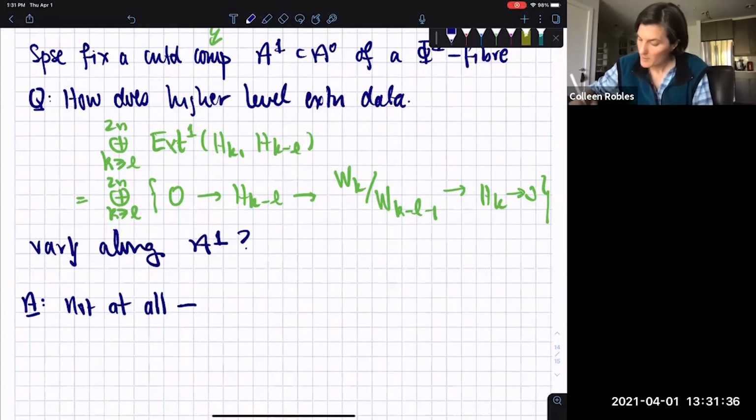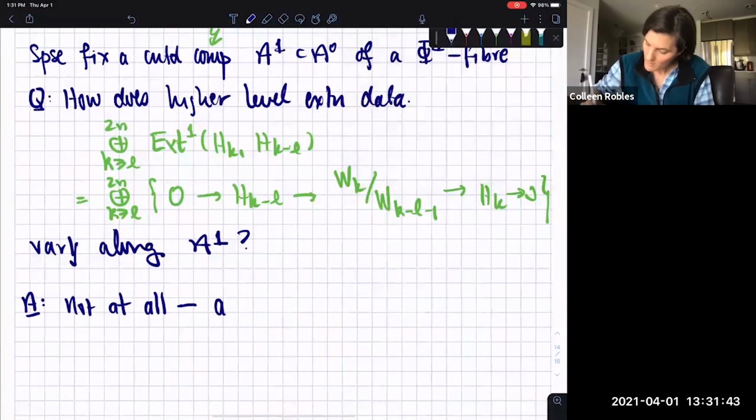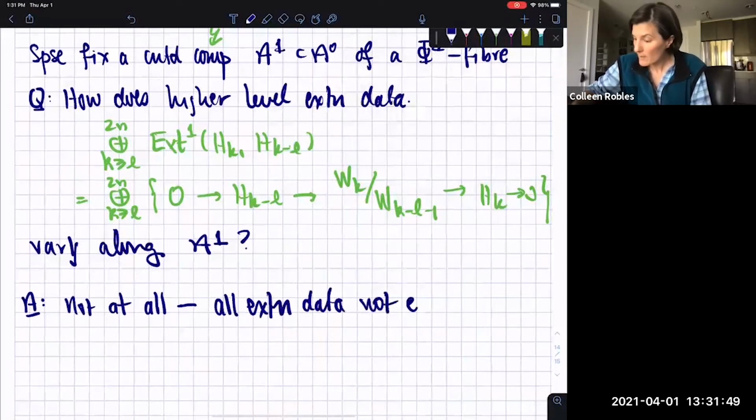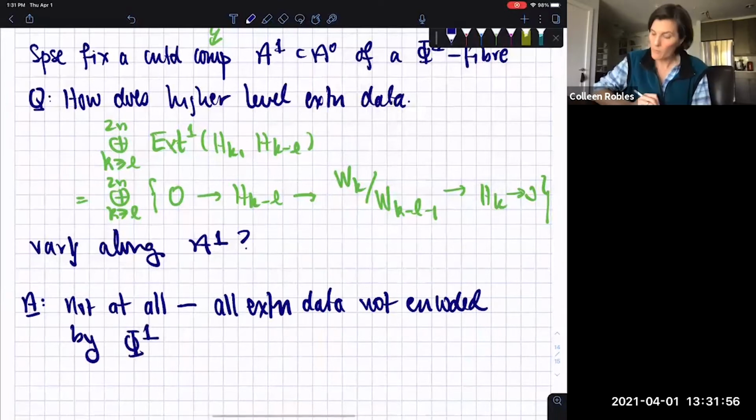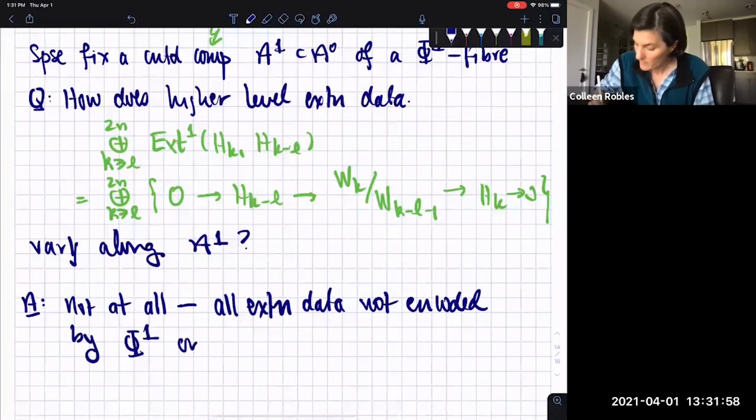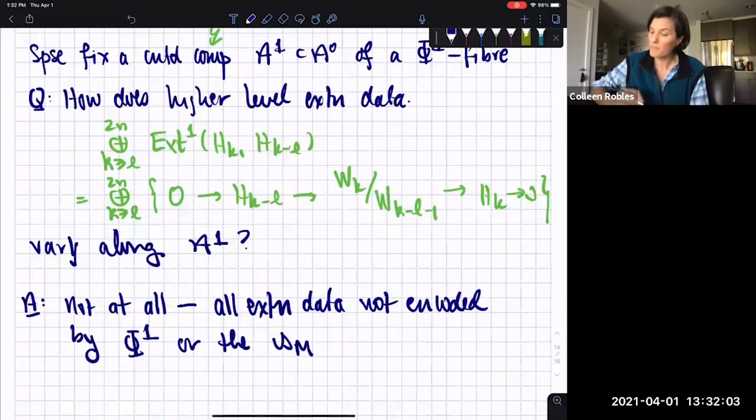So in particular, I'll say it informally, all extension data not encoded by either the level 1 extension data map or the canonical section S_M is constant, locally constant.